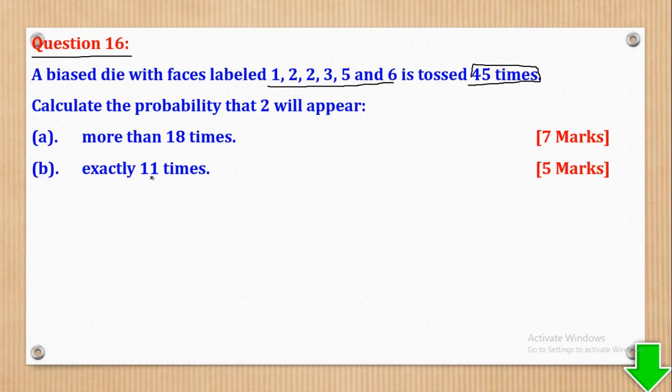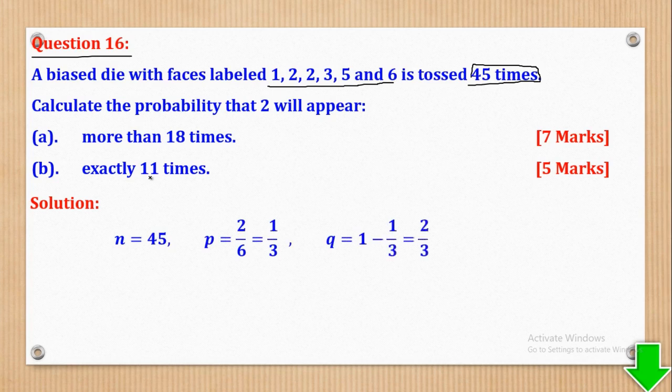So the first thing to do is to get the mean and standard deviation, because we have to approximate it to normal. We know that n is 45, and p, the probability of success, is 1/3. Why? Because for the probability of getting a 2, there are only two 2's out of the 6 in the sample space, so it will be 2/6, which is 1/3.